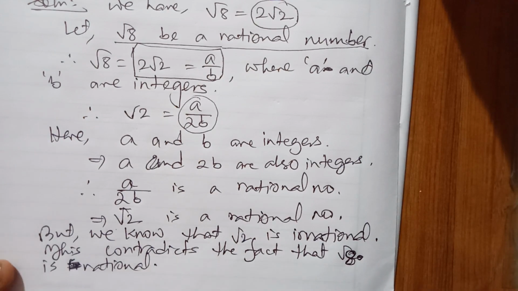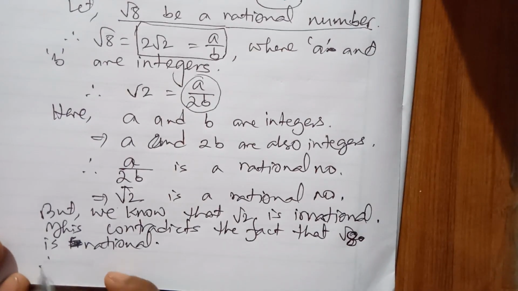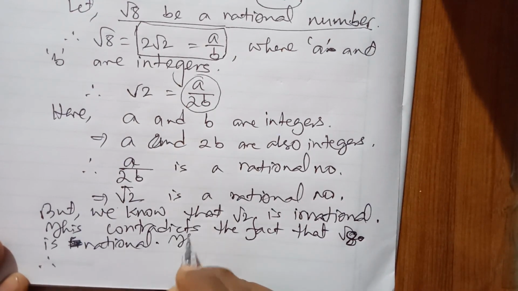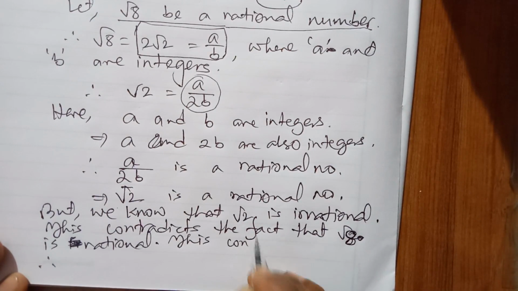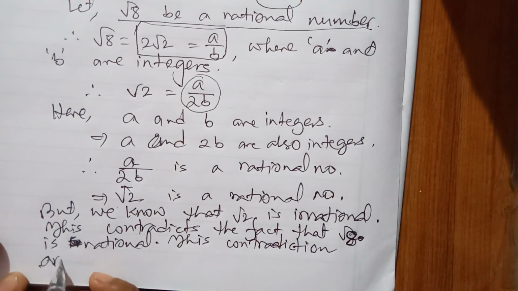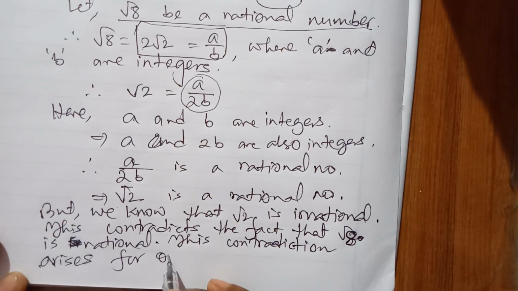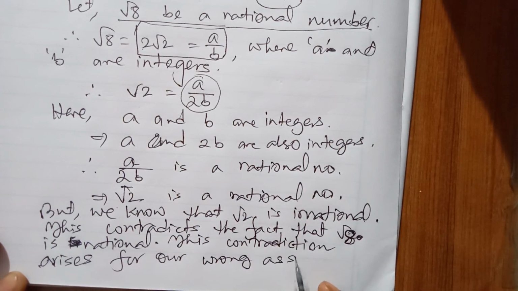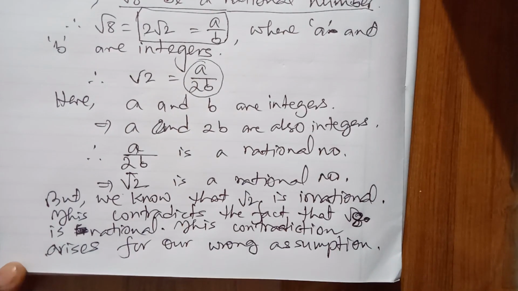So what will we write finally? Write this: this contradiction arises for our wrong assumption.